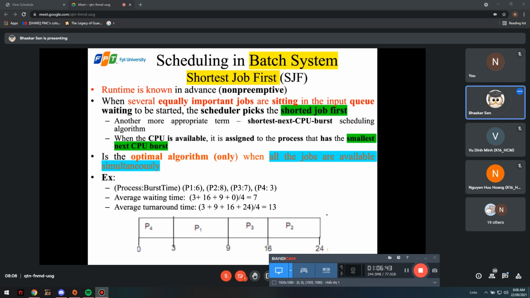So what I'm talking about is, if you look at this optimal algorithm that we have, we understand that first of all it is optimal.